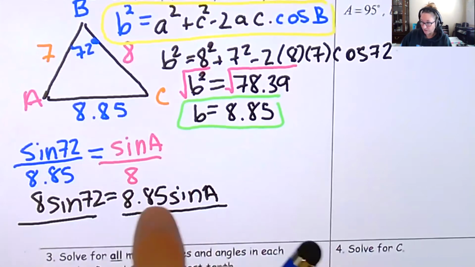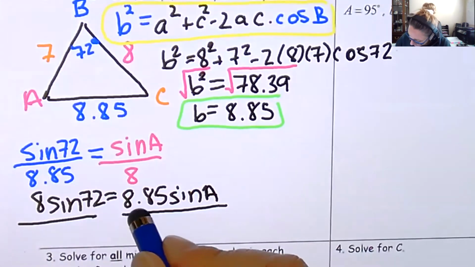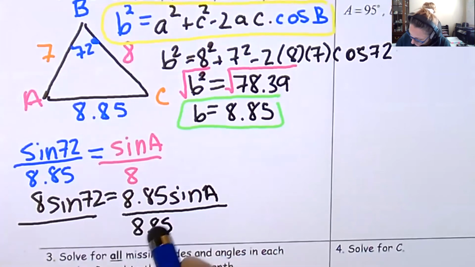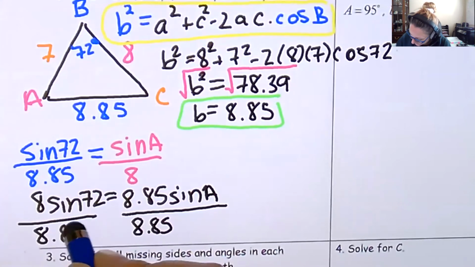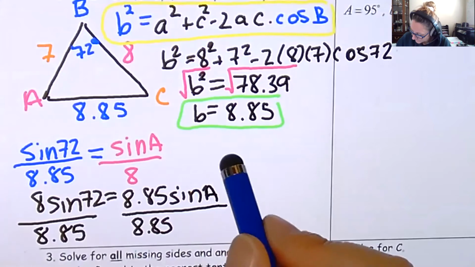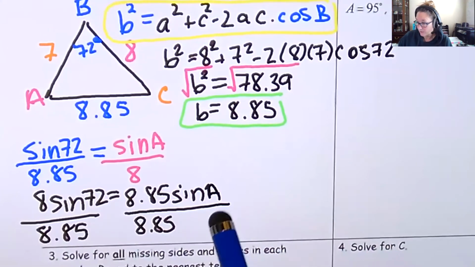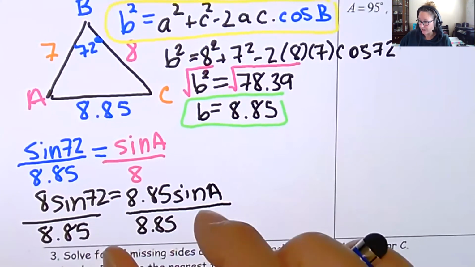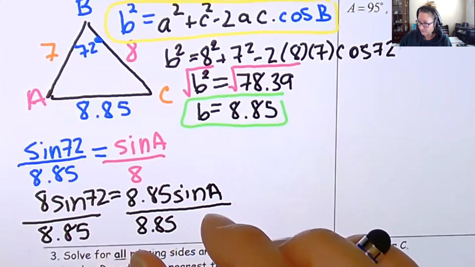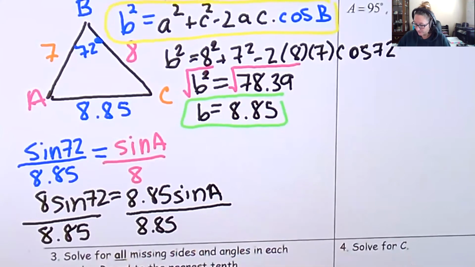Now I want to get rid of this 8.85. So I'm going to divide both sides by 8.85. And I'm going to end up finding my sine A. And my sine A is going to equal, let me put that into my calculator.